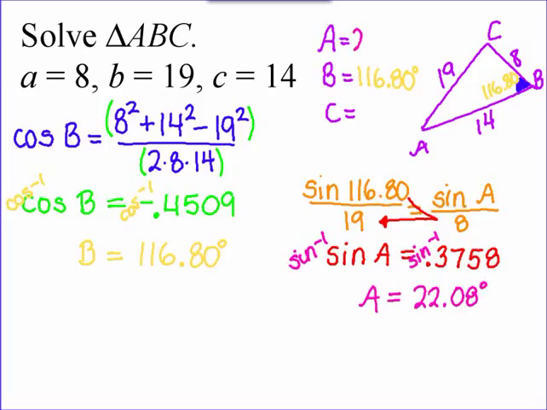How could you find a 3rd angle? Yep, 180 minus. So I'm going to find angle B by taking 180 minus 116.8 minus 22.08.